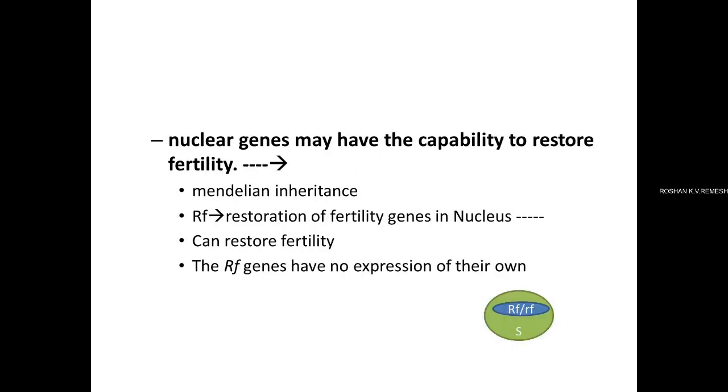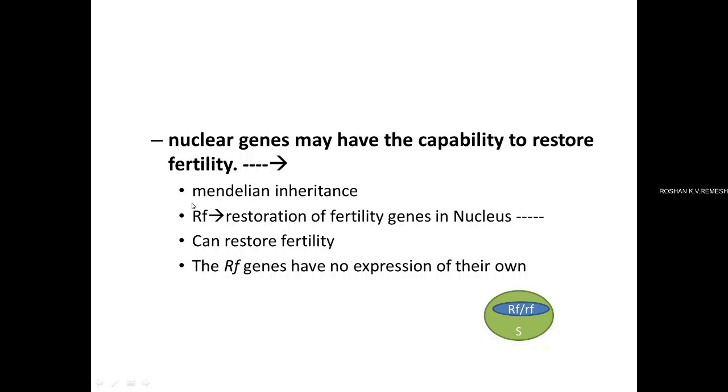But apart from other maternal inheritance, here some of the genes that are present in the nucleus also come into play. For example, RF. RF is the restoration of fertility gene. They are actually located in the nucleus, not in the cytoplasm.